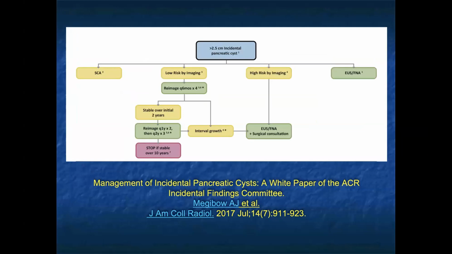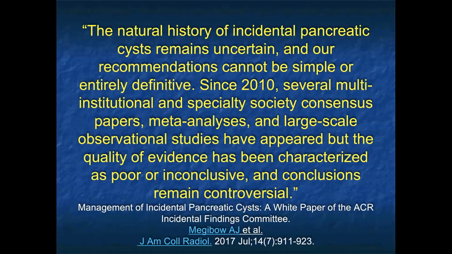And if patients develop any features from septations to nodularity, or they grow more than 5 millimeters, some people say 2, over a year period, those lesions should be resected. So it's really a tough science, and the article is very well written, but you can see that the conclusions are controversial.